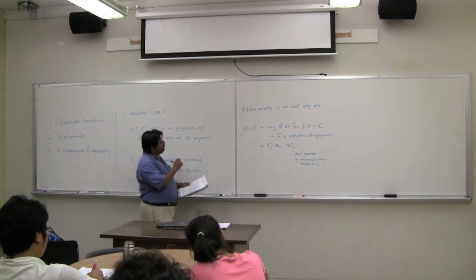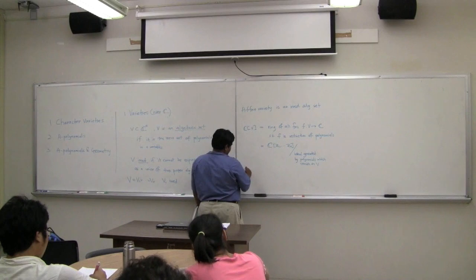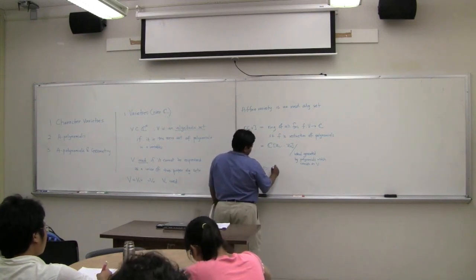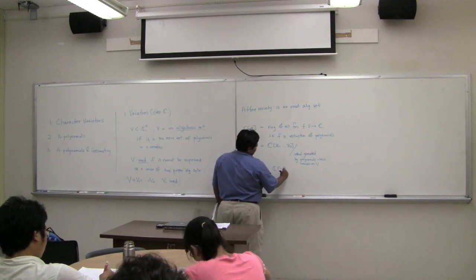And what happens if V is a variety, or if V is irreducible? This implies that C[V] is an integral domain.